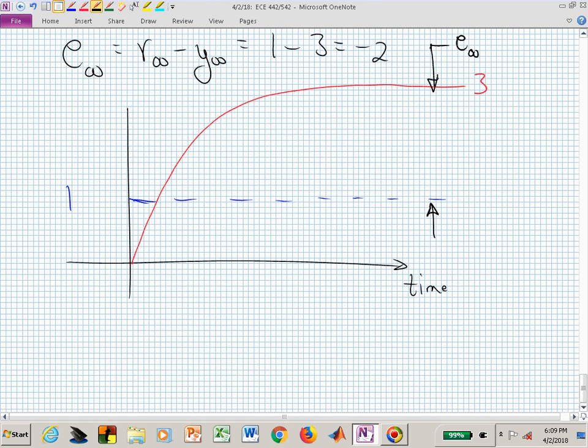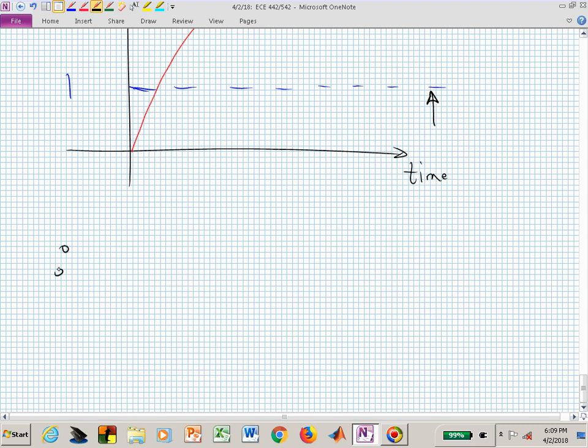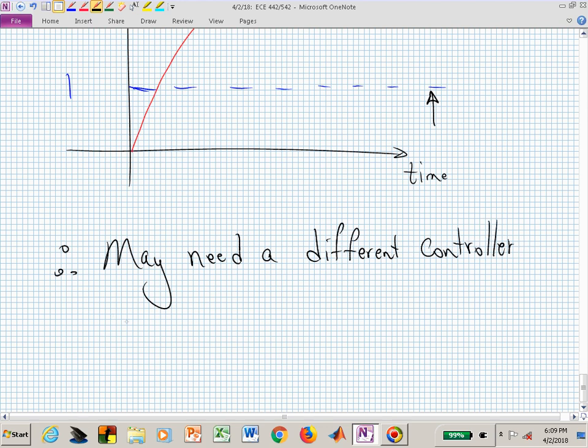So in this case, how did we achieve this behavior? This was achieved using what kind of a controller? A proportional, a P controller. If we're not happy with this, maybe we need to change controller structure. Maybe we need to look at a different controller. Therefore, we may need a different controller structure.